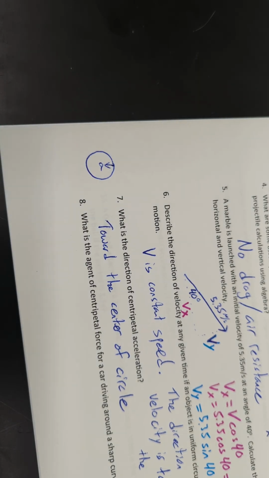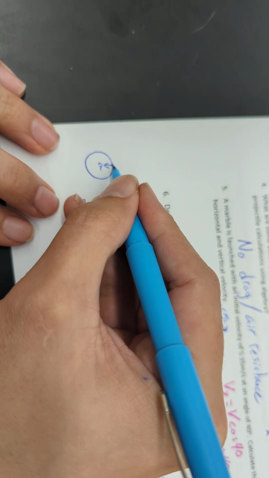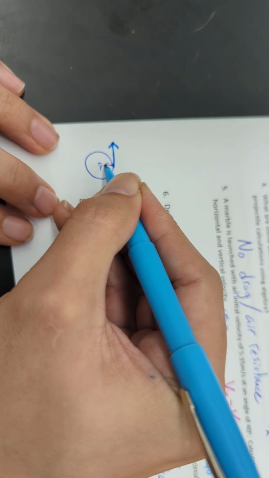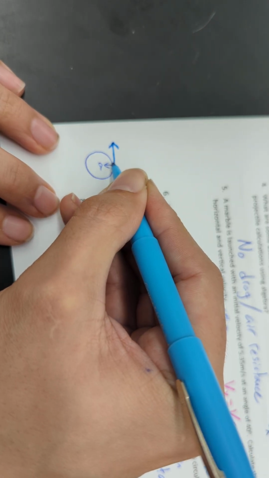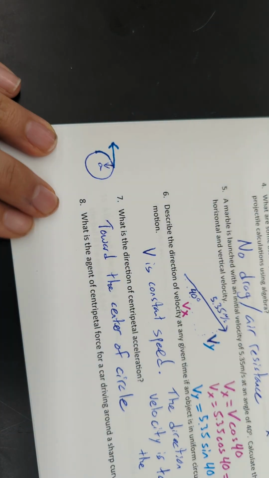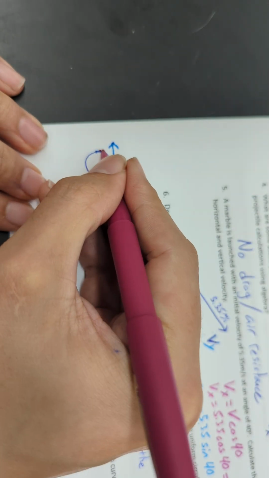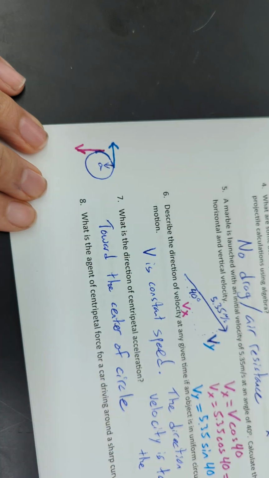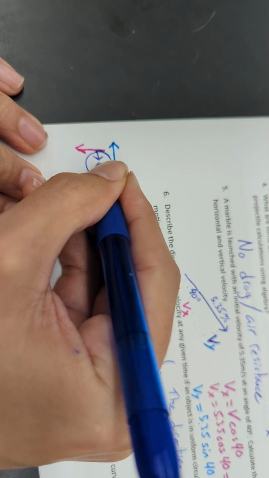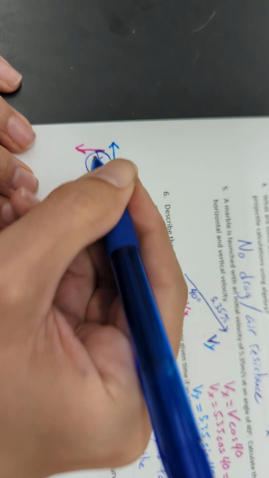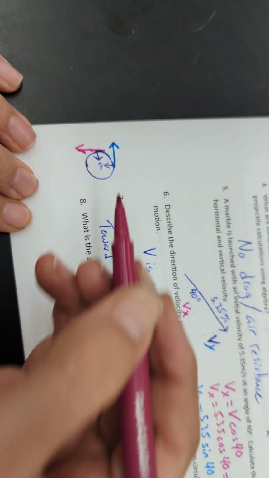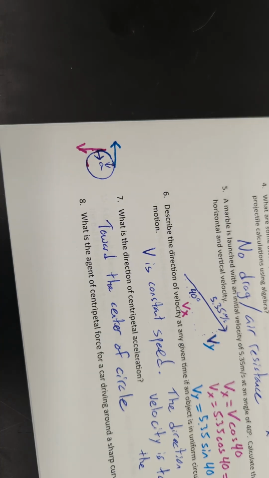And again, you can imagine, if your velocity right here is going this way and you're accelerating downward, that would pull your object exactly in this circular direction. And if you are at this point right here and your velocity is going down, your acceleration would be also going inward. So that would pull your object around this way. And it continues and it makes a circle.